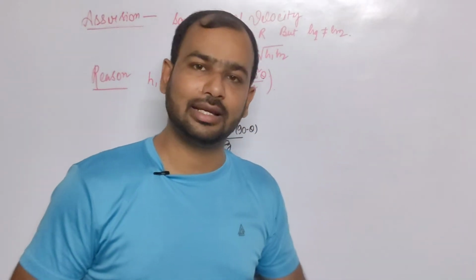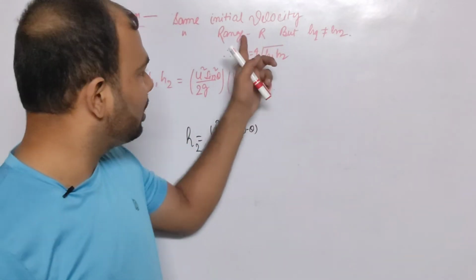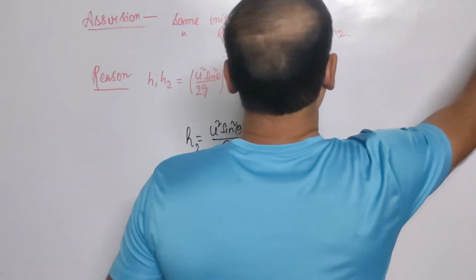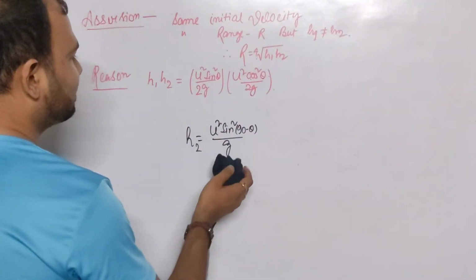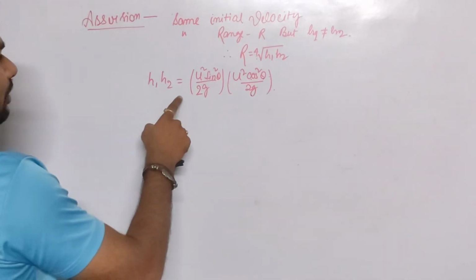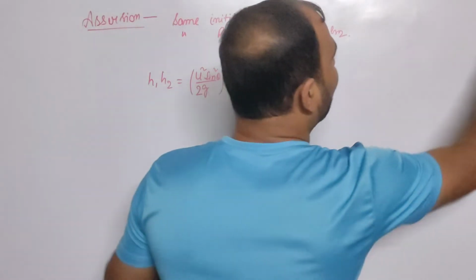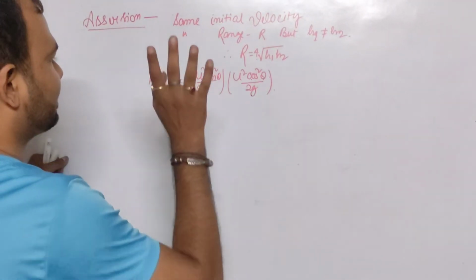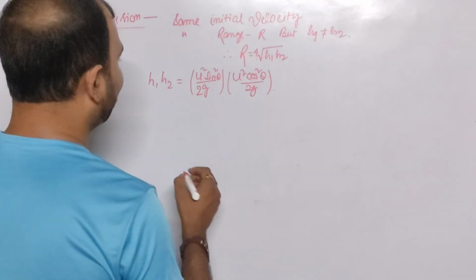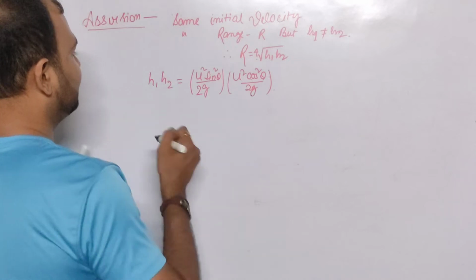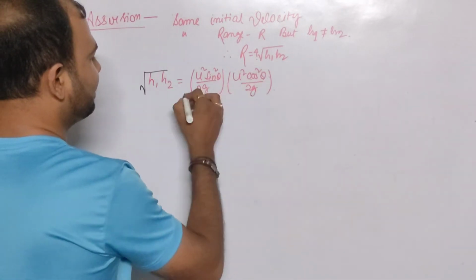So we have to check the assertion. The assertion depends totally on this line, R equal to 4 times root over h1 h2. So let us try. We have given that in the reason, we simply use this. I can find that if I take the root over both sides, I can find this.